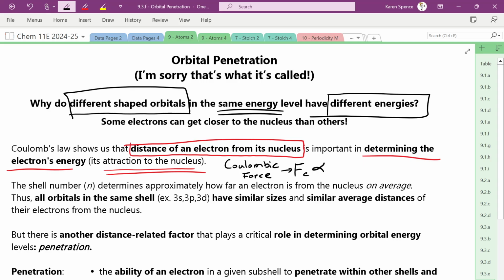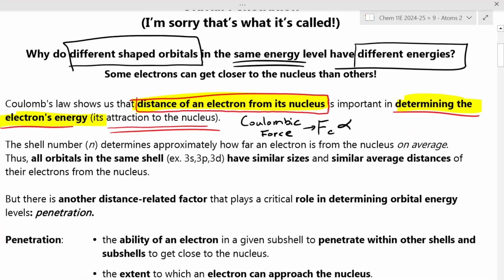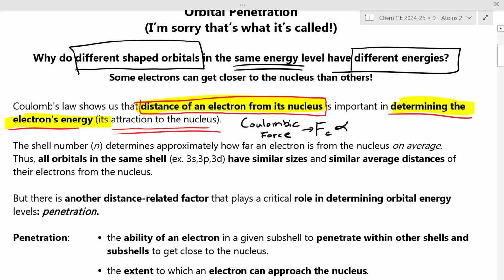What mathematical sentence says the same thing as this word sentence, essentially, or at least close? Remember, the fish means is proportional to.